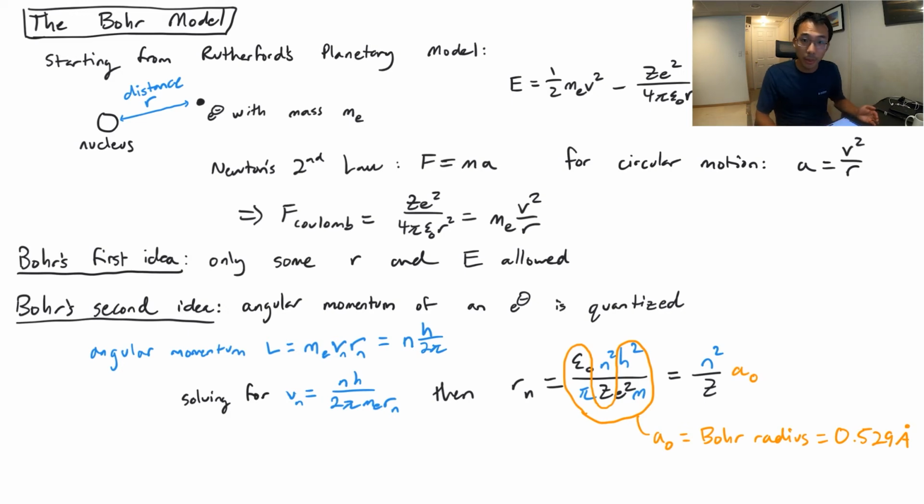So this is a nice, neat equation that he came up with: each electron has a specified distance r from the nucleus that depends on an integer value of n, such that for any atom, it should be n squared divided by Z, the atomic charge, times this Bohr radius.